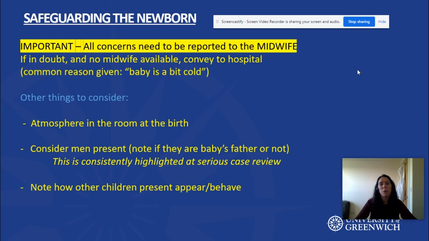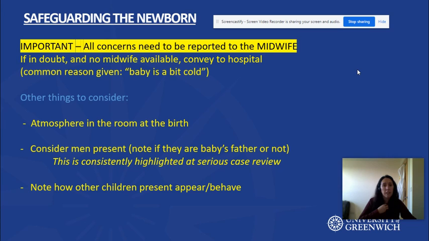I didn't write that down because that felt a step too far, but I want you to be thinking about this. The reason being is that those babies that have unfortunately been injured or worse through safeguarding issues or through actions that we could possibly prevent, it has been proven that most of those are to do with men who are present at the birth.